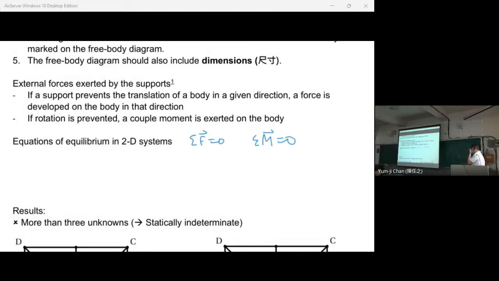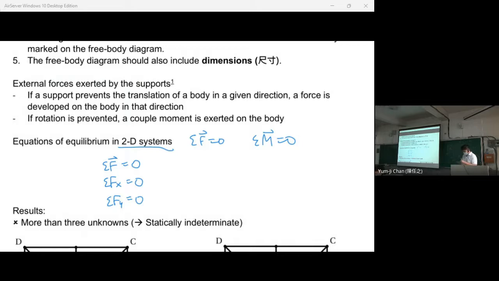So how many equations do we have in 2D systems? Summation F equal to 0 means we have how many equations for a 2D system? We have summation Fx equal to 0 and, what else? Summation Fy equal to 0, very good.